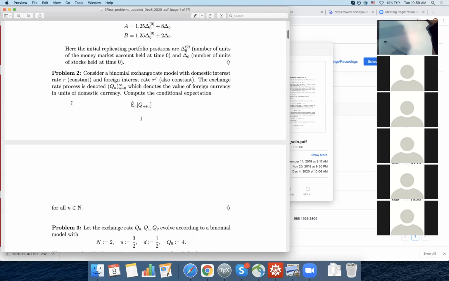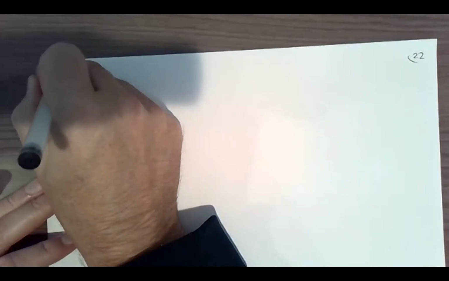There's a problem number 2 that we could do, which is about foreign exchange. Let me walk you through that. So this is number 2.